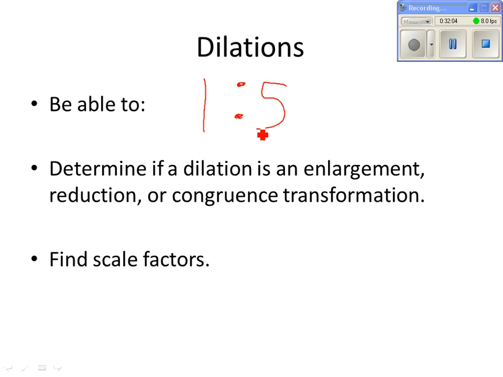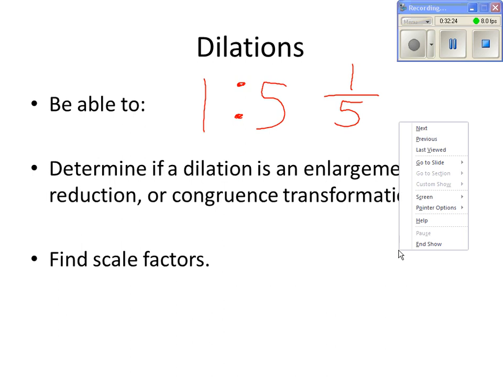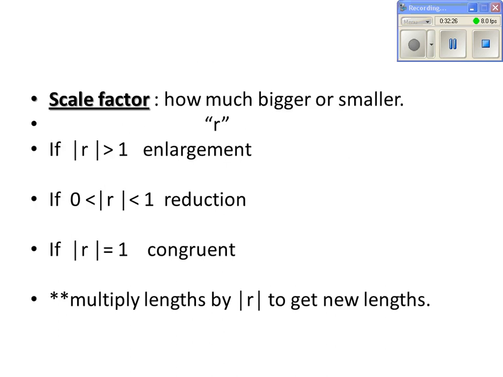Now, most of the time, instead of 1:5, we're going to want it written as a fraction, 1/5, or 5/1, depending on if it's an enlargement or a reduction. And that's a scale factor. Go ahead, I'll give you a minute to copy this down.